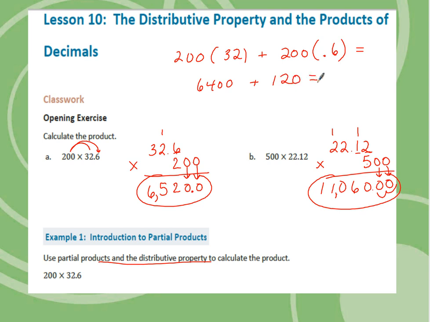And when I add those together, I get 6,520. Notice, same answer. Any questions so far? If you do, make sure you call me over.